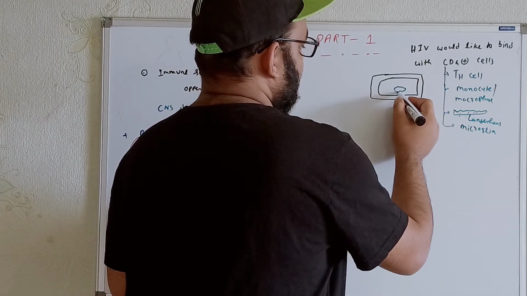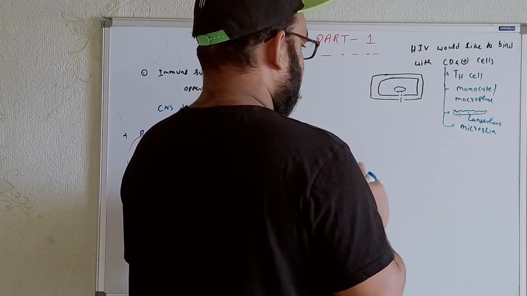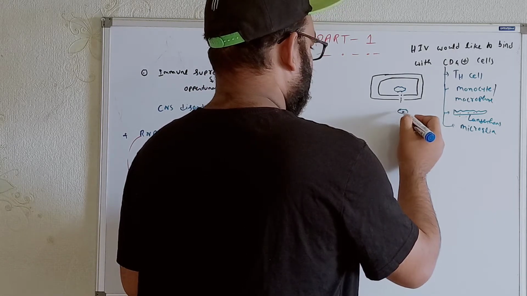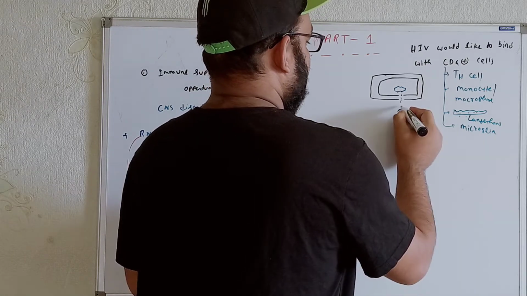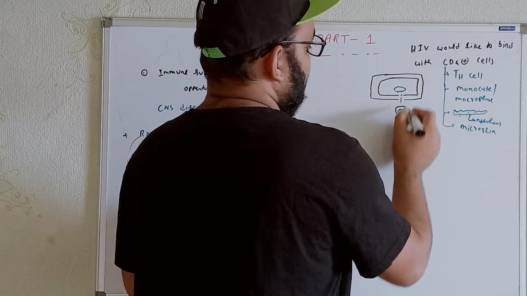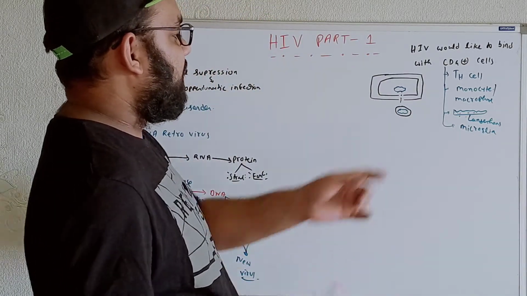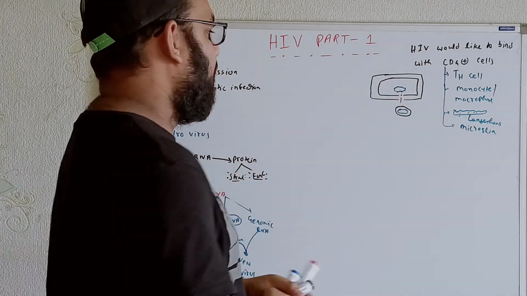They will steal this membrane. That means ultimately we will get the lipid bilayer membrane in the HIV. This part is taken by the HIV from the host cell, and after that they come out from the cell. Okay.